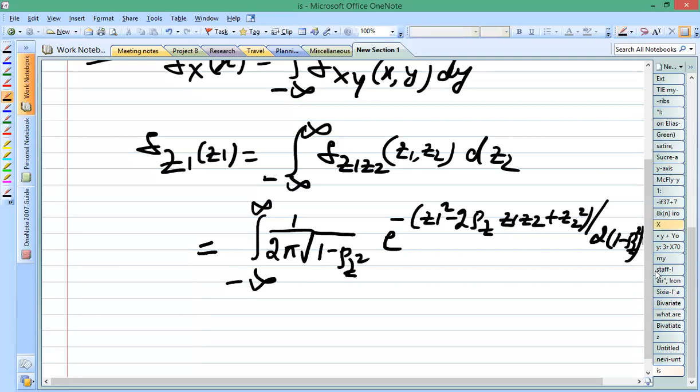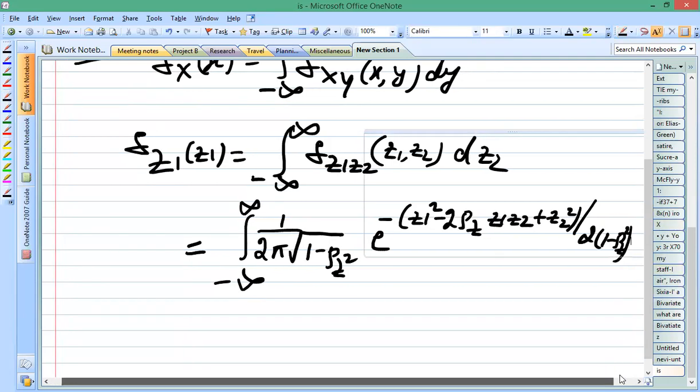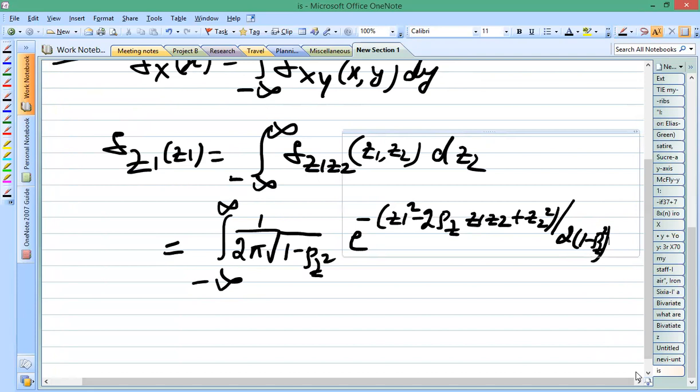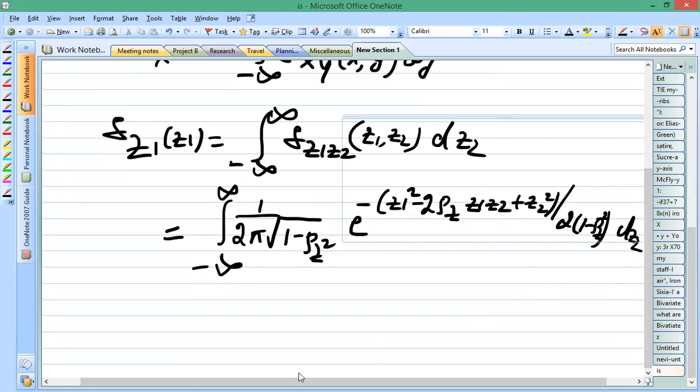This is the Gaussian bivariate PDF, which has to be integrated with respect to dz2. Now the PDF equation we have written is going to be rewritten using the technique of completing the square.